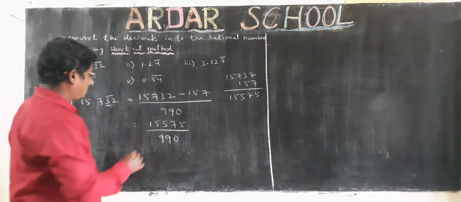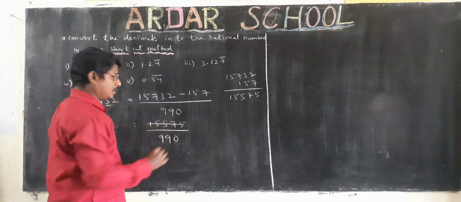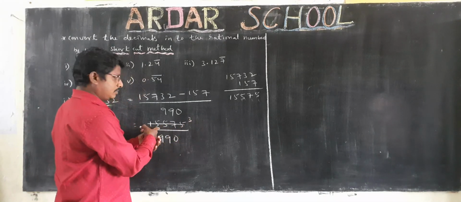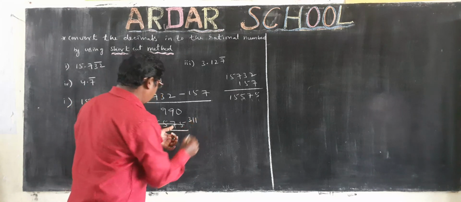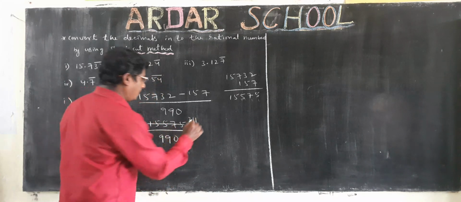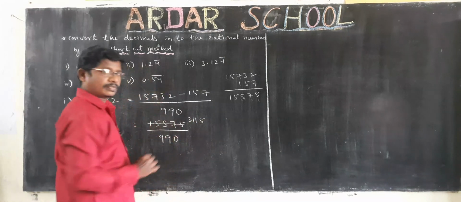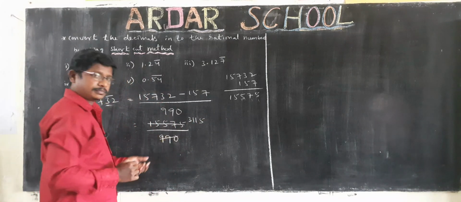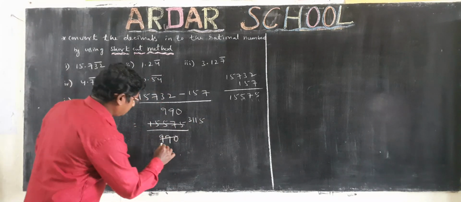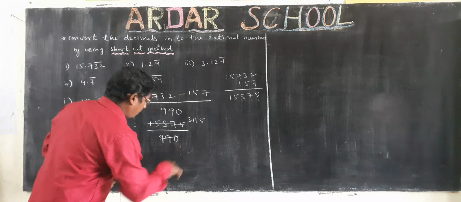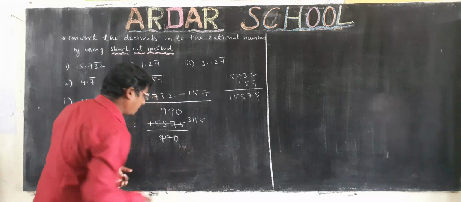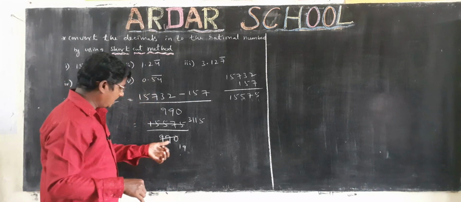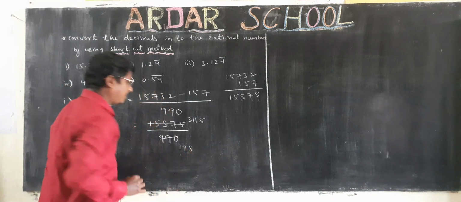How to cancel these two? 5 3s are 15, 5 1s are 5, again 5 1s are 5, 2 is remainder, 25, 5 5s are 25. Next, 5 1s are 5, remainder is 4, 49, 5 9s are 45, 4 8, 5 8s are 40.